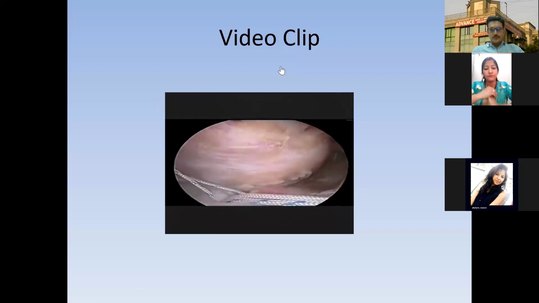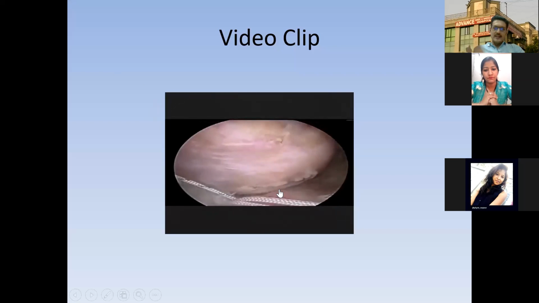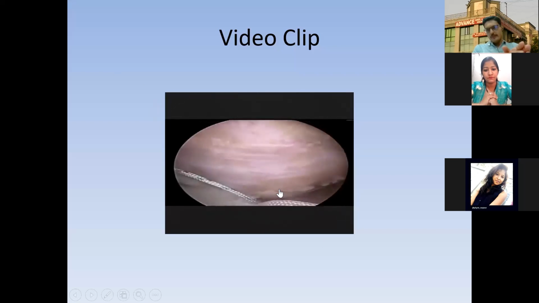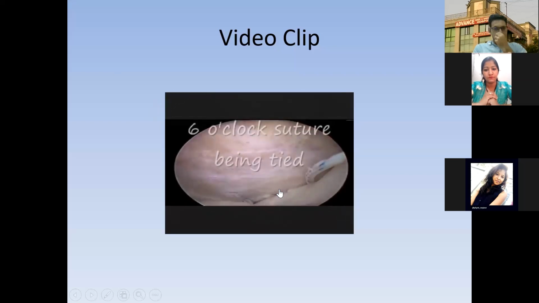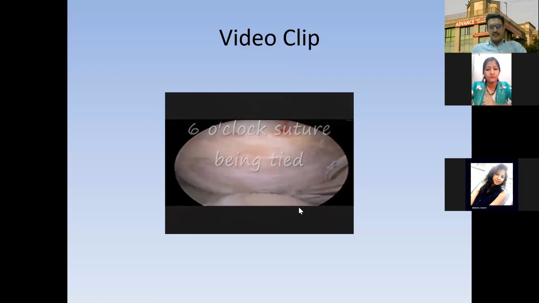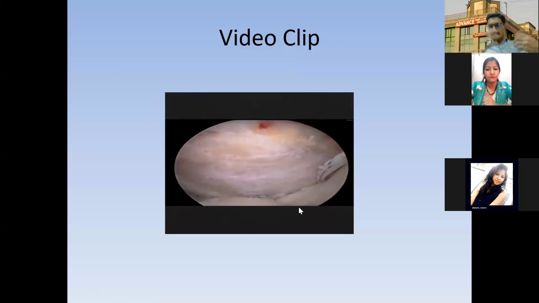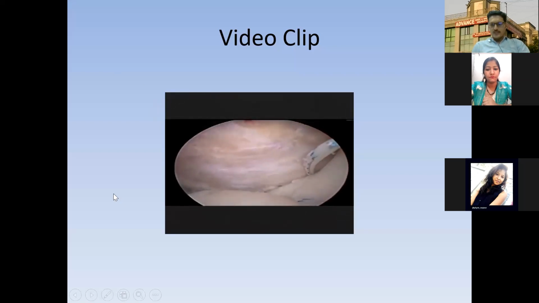Okay, and in the end, we will just tie up all the sutures. So these sutures are passed like this, and then we will tie the structure back. So it will be a repair of the tissue inside. So this is 6 o'clock, and once we tie all these sutures, the shoulder will be centralized onto the ball and socket joint.